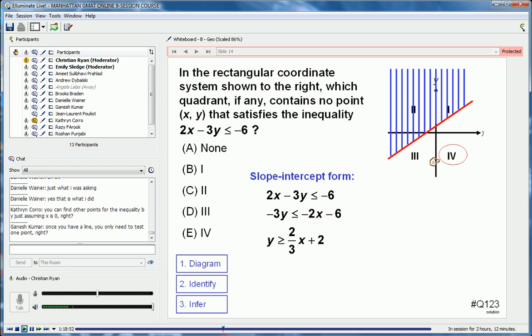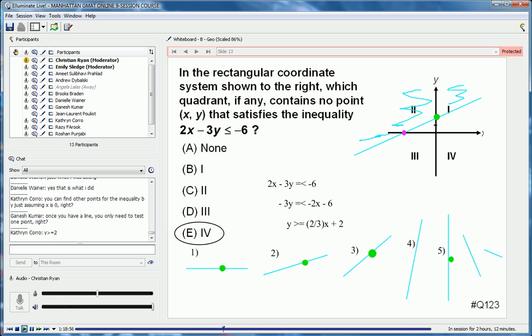Yes, you can find other points for the inequality. That's true. Once you have a line, if you, say, found the green point and the magenta point by plugging in 0 for x and for y respectively, then all you'd need to do to find which side was shaded would be to plug one other point. And if you plugged in 0, 0, then you would get 2 times 0 minus 3 times 0.